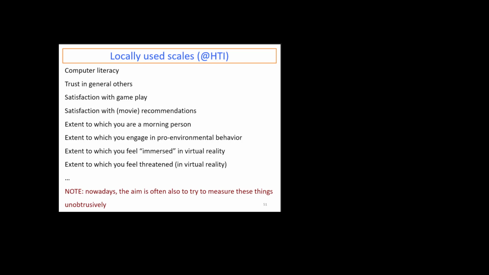Okay, well, so the skills are important for your research. Also at HCI, we use a lot of skills in our research. An example of that is I did a recent study with virtual reality in which I placed people in a burning house.